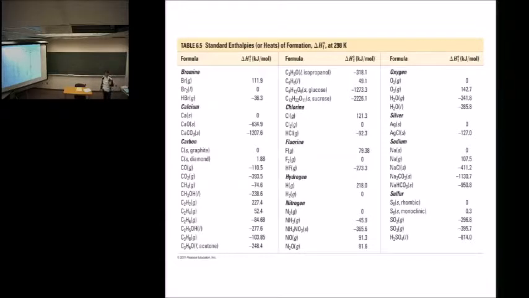Okay, so let's talk about the third way, and that's with heats of formation at standard conditions. Now, we know that enthalpy changes with states and things like that.